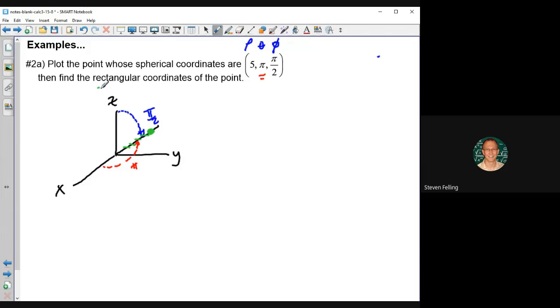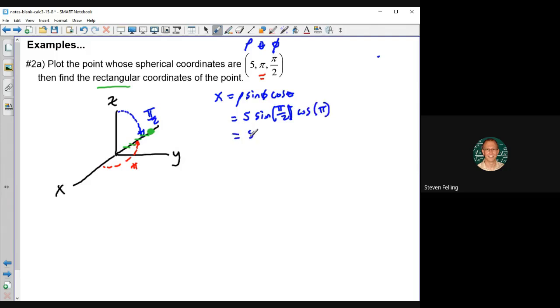And if we wanted to find the rectangular coordinates of that, we could use the formulas. So x is rho sine phi times the cosine of theta. So that's going to be 5 times the sine of pi over 2 times the cosine of the theta angle pi, right?